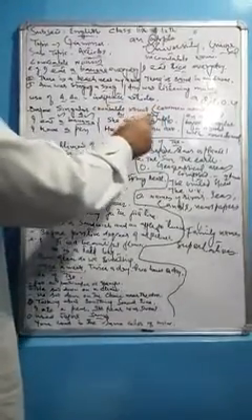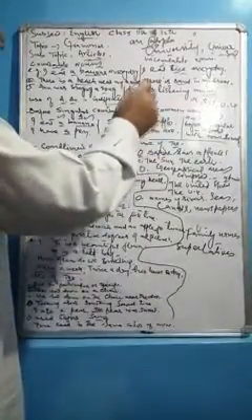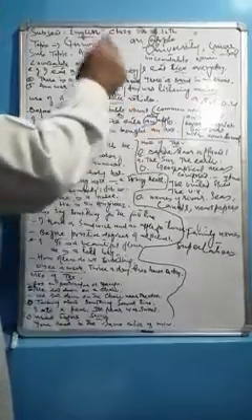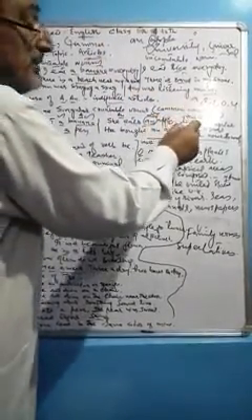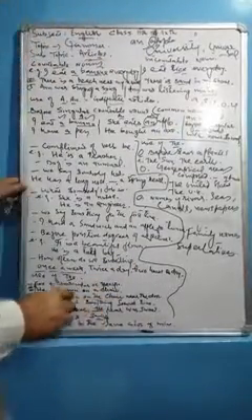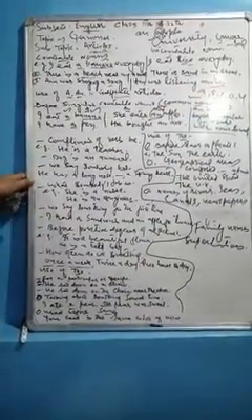But an is used before singular nouns when they are pronounced with a vowel sound. So now I have a pen. So before singular countable nouns, a or an is used, or we can say common nouns.